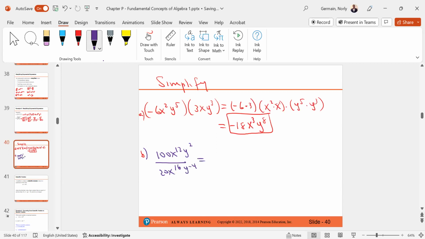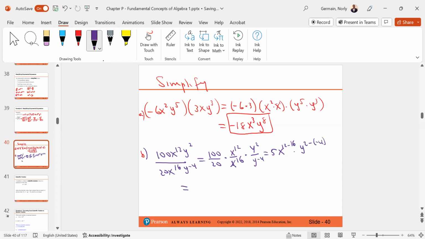All you need to do is, first of all, 100 divided by 20, times x to the 12 divided by x to the 16, times y to the power 2 over y to the power negative 4. So 100 divided by 20, I believe it's 5. x to the power 12 minus 16, times y to the power 2 minus negative 4.